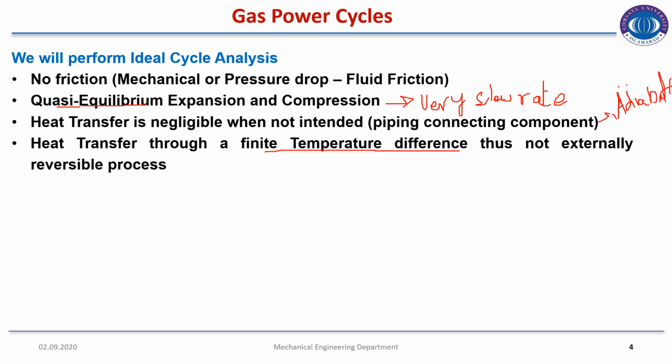We have already discussed what externally reversible, internally reversible and totally reversible are. If the surrounding comes back to its initial state, it is called externally reversible. If the system comes back to its initial state, it is called internally reversible, and a process which is internally as well as externally reversible is known as totally reversible.